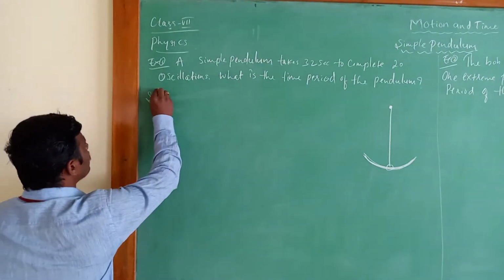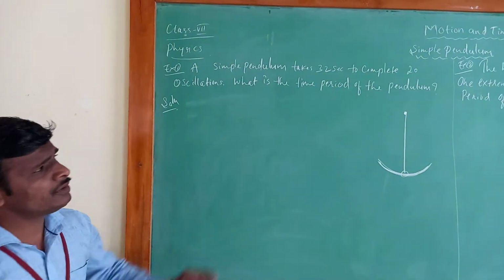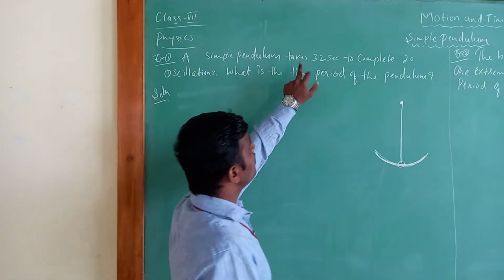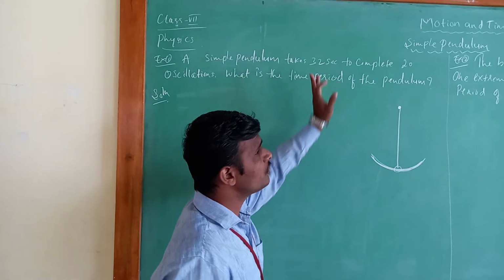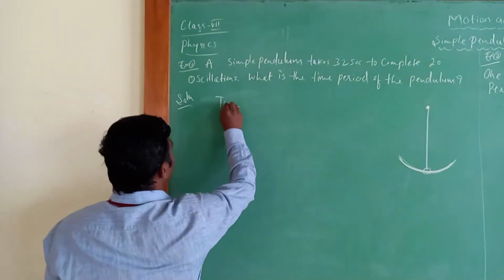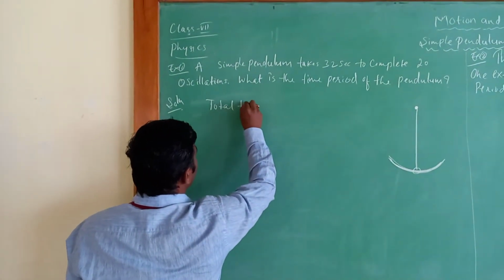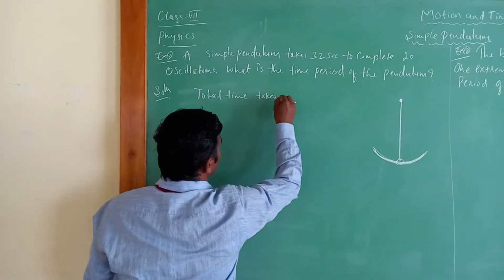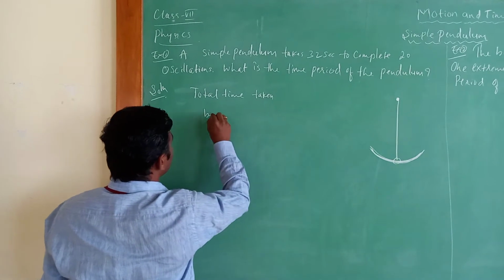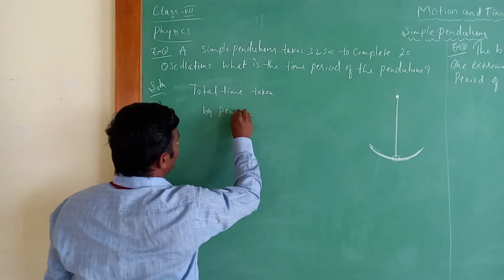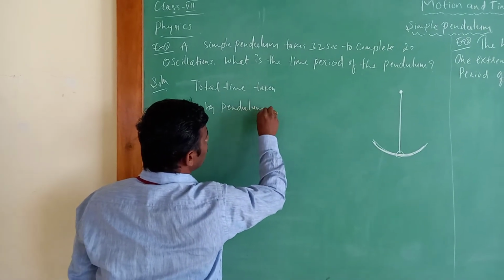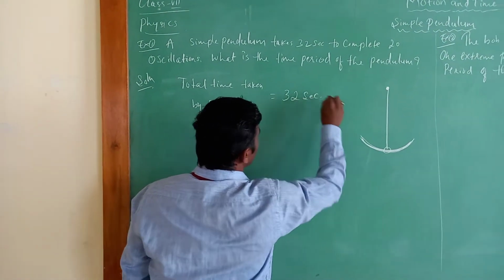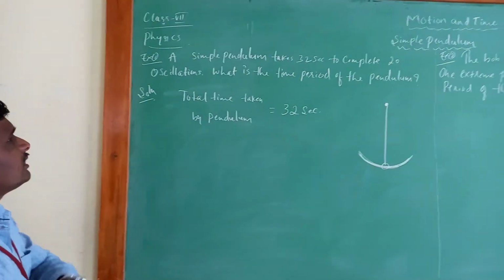Solution for this: first you have to write down the given. What are the given? Time they have given, total time taken by the pendulum is 32 seconds.